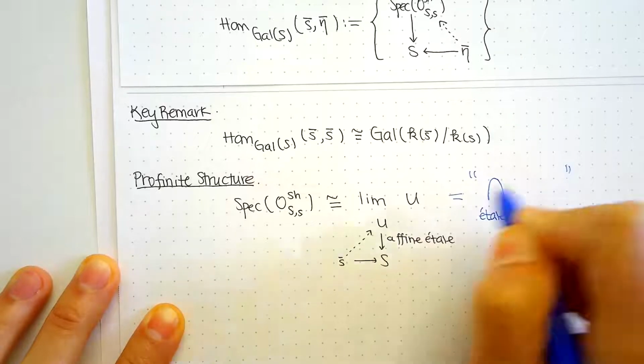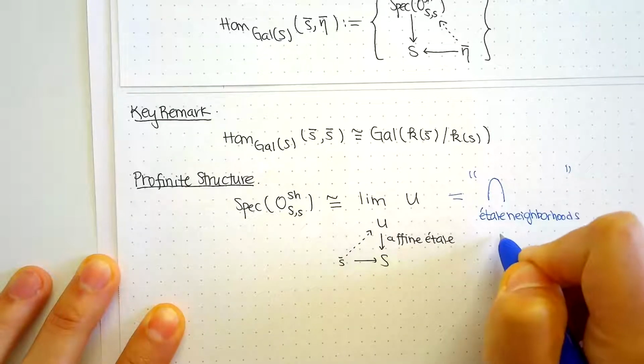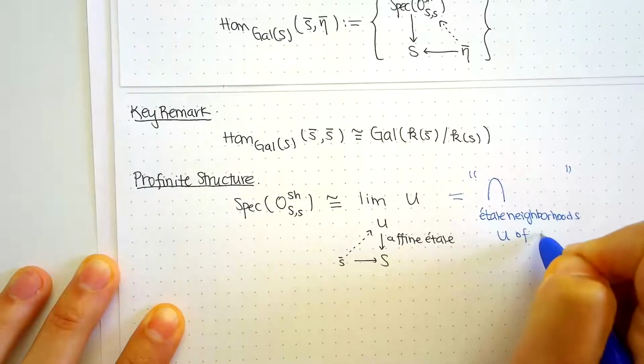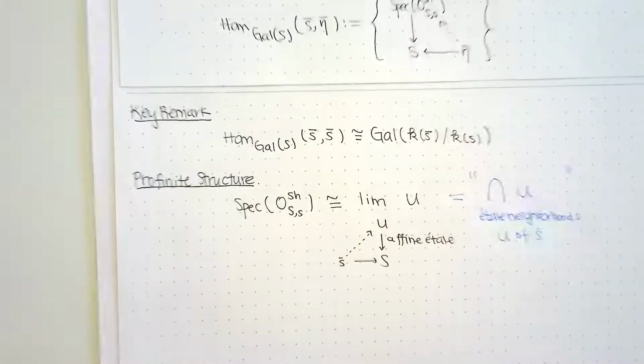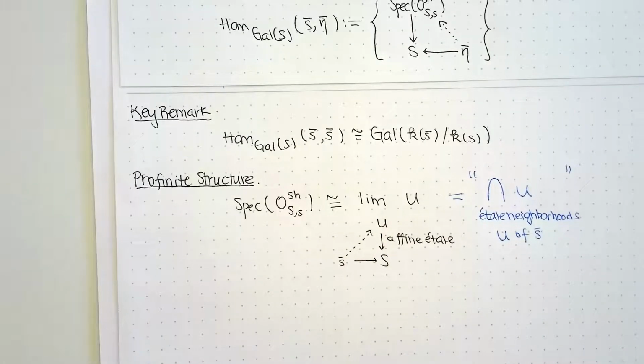So it's sort of an intersection of Étale neighborhoods U of S bar of U. So somehow that's how you should think about it. But of course, this is not going to be open in your scheme or something like that. It just has a map down to it.